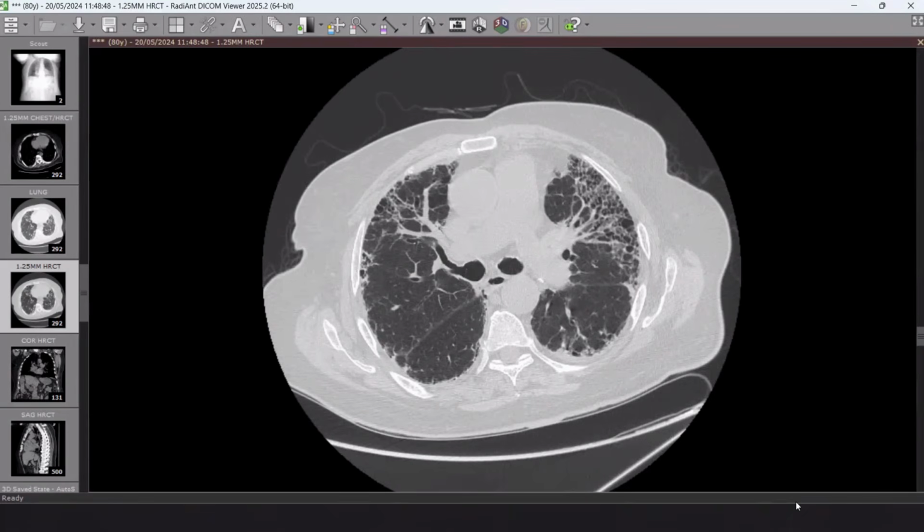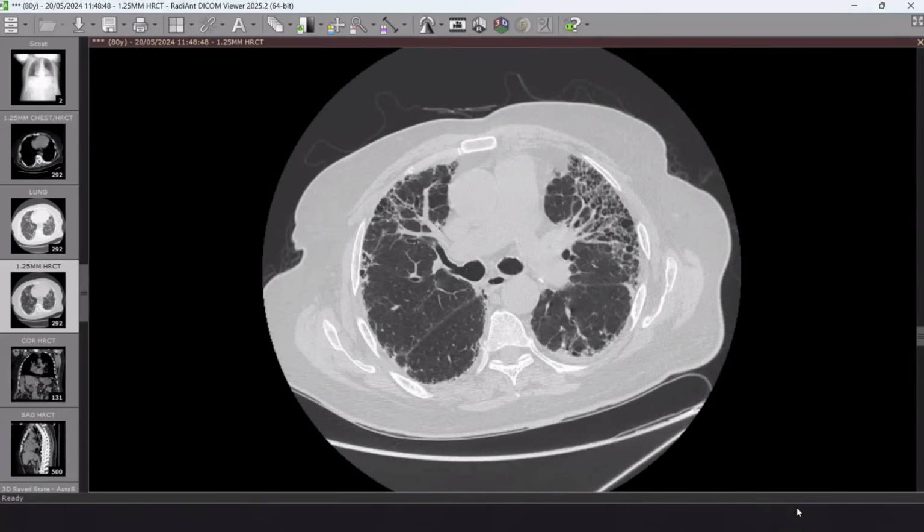IPF, idiopathic pulmonary fibrosis, is a clinical term, not a radiological term. UIP is a radiological pattern. So in our report, we should write that these features are consistent with or impressive of usual interstitial pneumonitis, UIP.